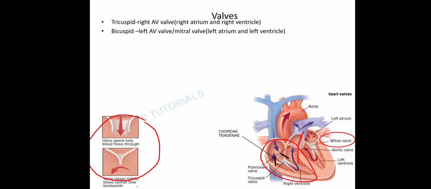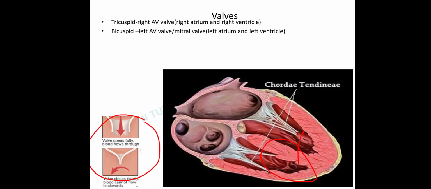Just to prevent that, your valves are attached to strings which are called the chordae tendineae. Now look at this picture. Over here there is a structure called chordae tendineae. These chordae tendineae extend from the wall of the ventricle to the bottom of the valve just to hold the valve.